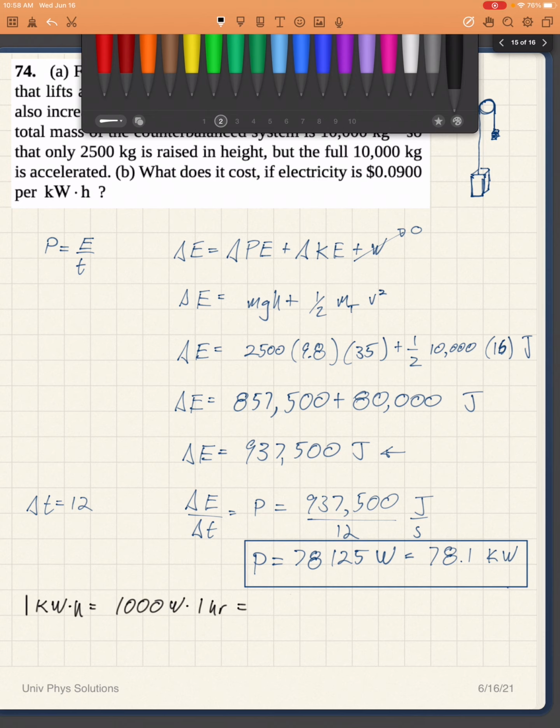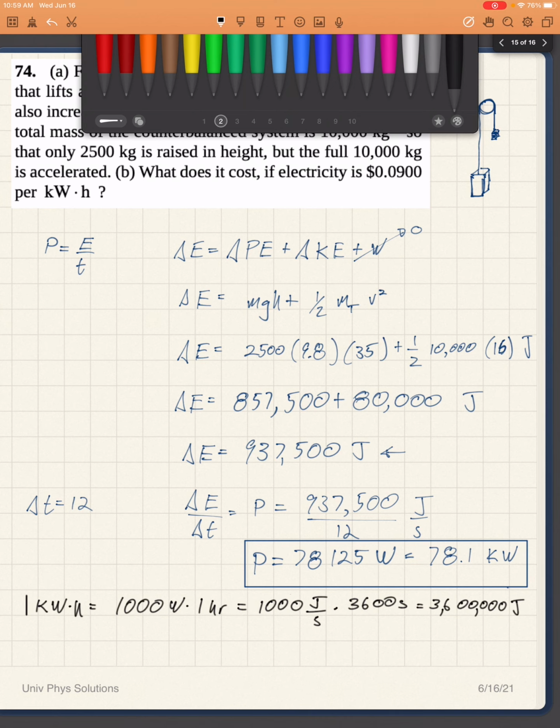Well, that's equal to 1000 joules per second times the number of seconds in an hour, 3600 seconds. That's 60 minutes times 60 seconds per minute. So 1 kilowatt hour will give me 3.6 million joules, 36 and then 5 zeros.